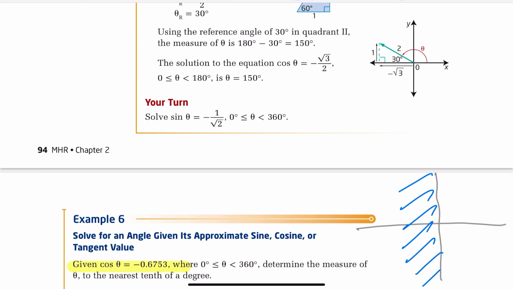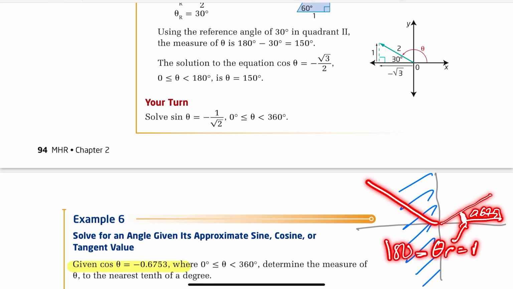What you will do is find which angle actually has a cosine of 0.6753, not minus. When you find it, you will get the reference angle, and this reference angle will tell you where your angle is. So we will put 180 minus the reference angle that you will find from here, and it will give you the exact value of your angle.